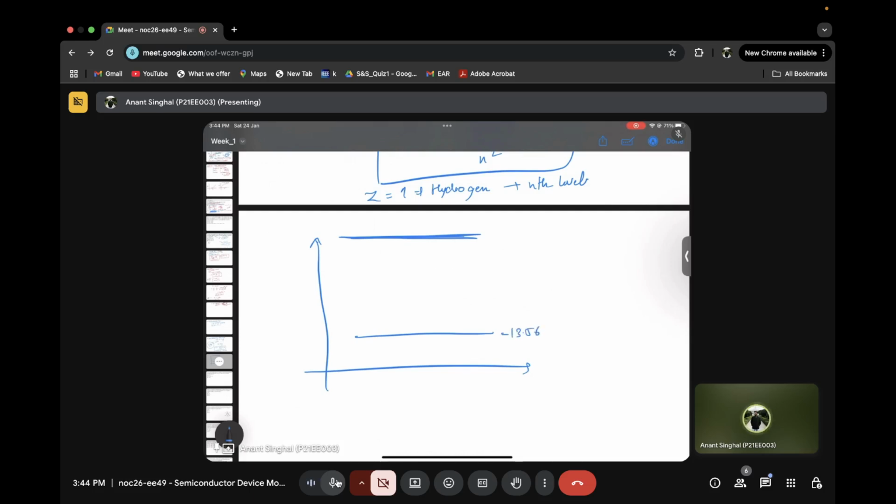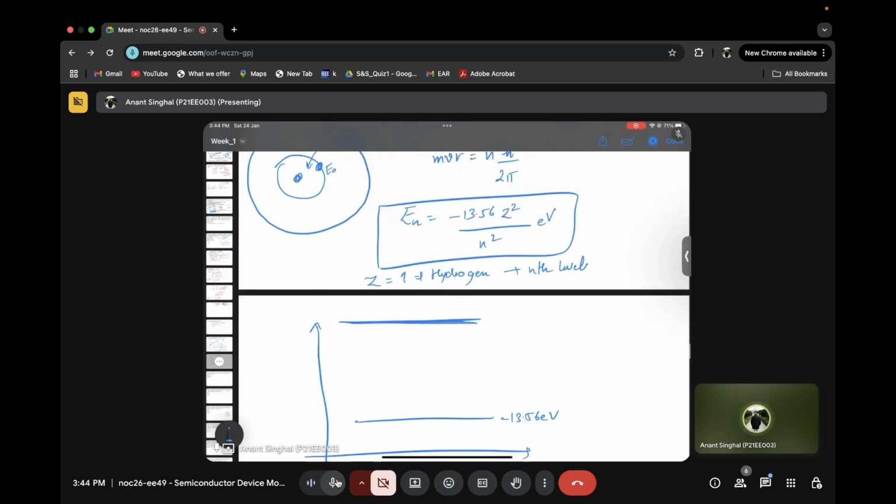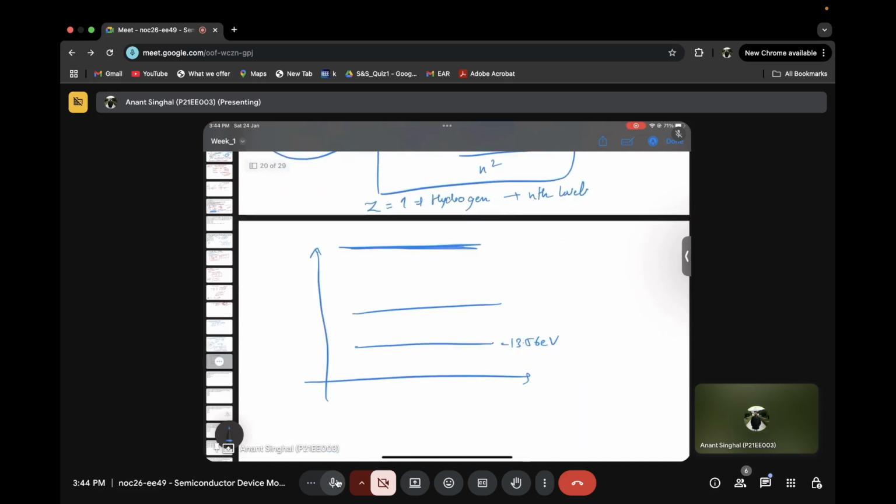I'm talking about hydrogen only. If I keep 2, it will be minus 13.56 by 4, so that is around 3.39. If I keep 3, it will be 1.51, since it will be 3 square, that is 9, in electron volt. And if I keep it infinite, it will be 0.